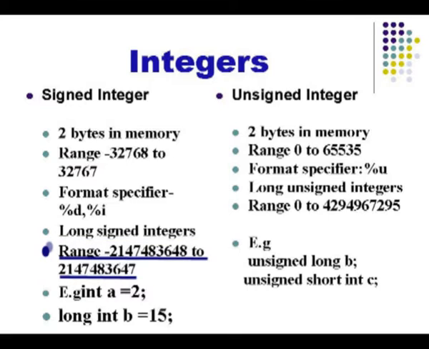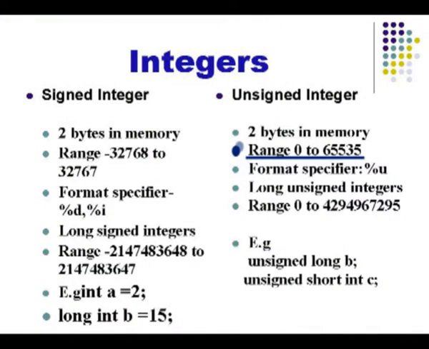So as the name suggests, it is used to represent a wider range of values, and it occupies obviously more bytes in memory. So this is the example for a signed integer, which is represented as int a is equal to 2. And if it is a long signed integer, it has to be given as long int b is equal to the value. So here again, by default, an integer is considered to be a short signed integer.